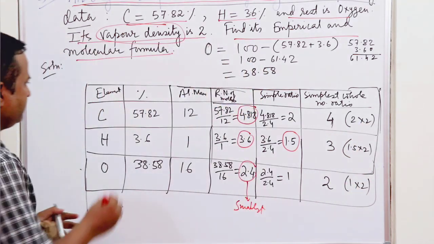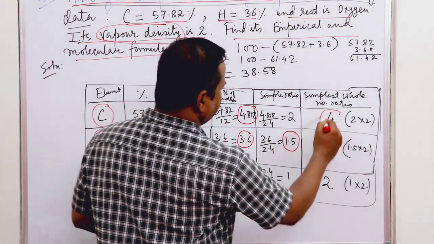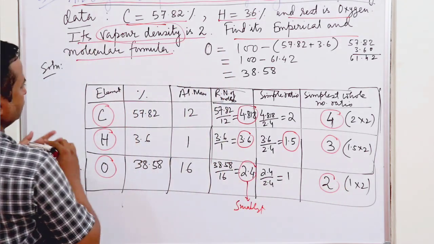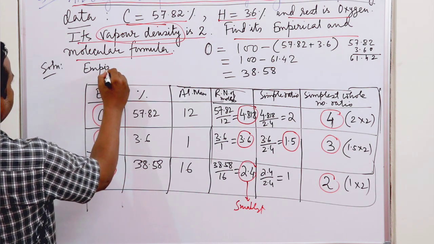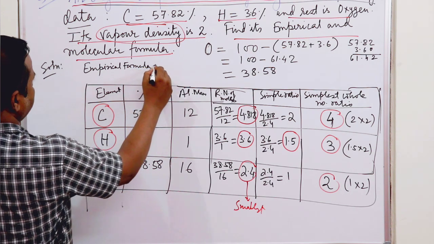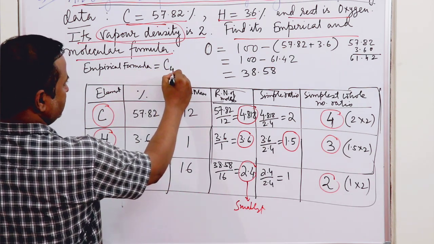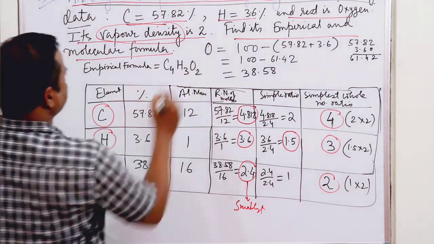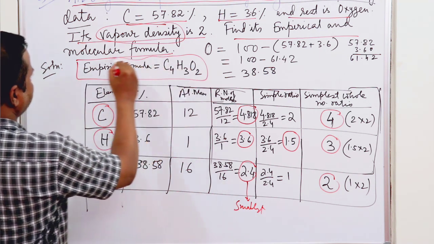So we are getting carbon, hydrogen, oxygen as 4, 3, 2. So the empirical formula we have calculated is C4H3O2.